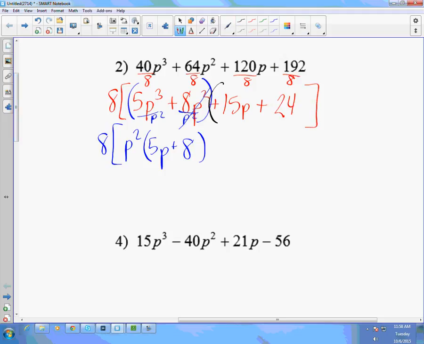Now we're going to group and find the GCF of the next 2. Turn to your neighbor and tell them what you think the GCF is. Alex, would you tell your neighbor?